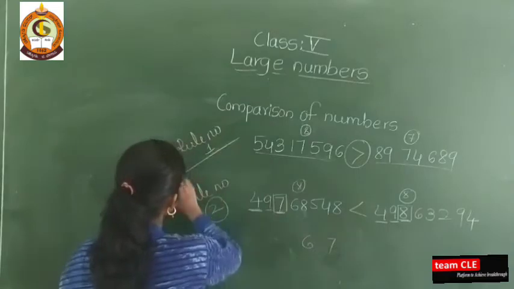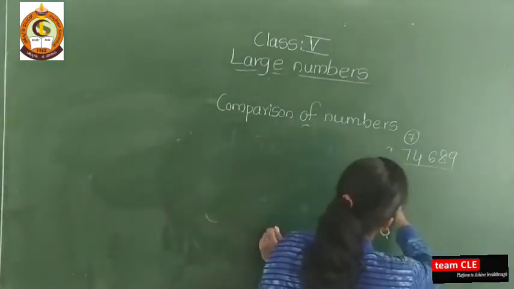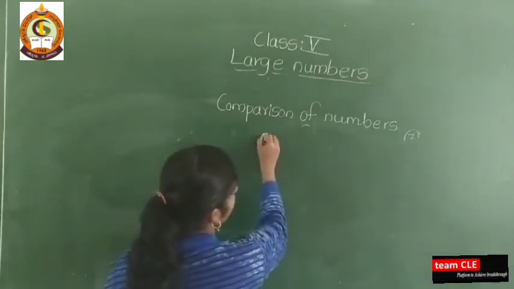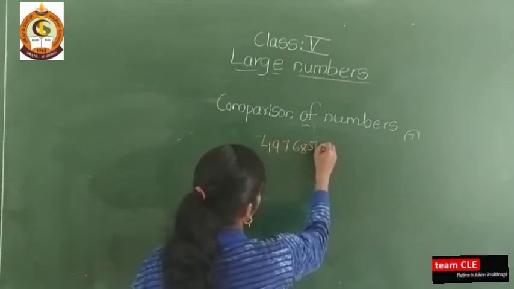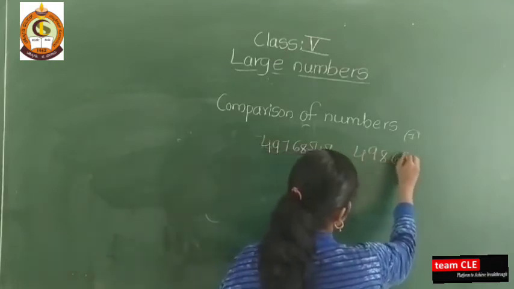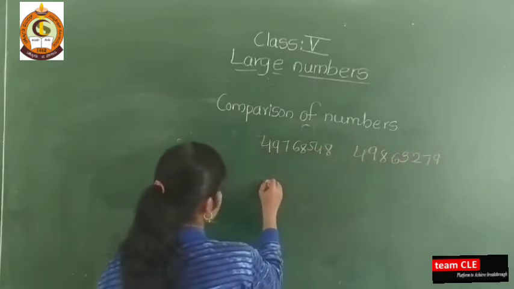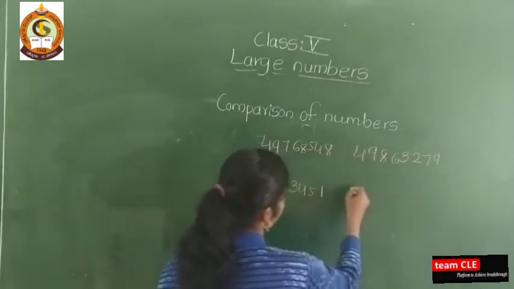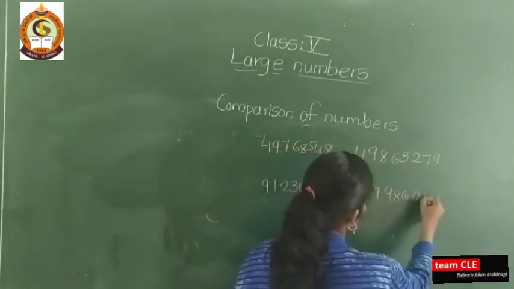So let us take some examples from your my practice time 1. I will take here 4 9 7 6 8 5 4 8 and here 4 9 8 6 3 2 7 9. Next example, 9 1 2 3 4 5 1 and here 6 7 9 8 6 0 1 0.